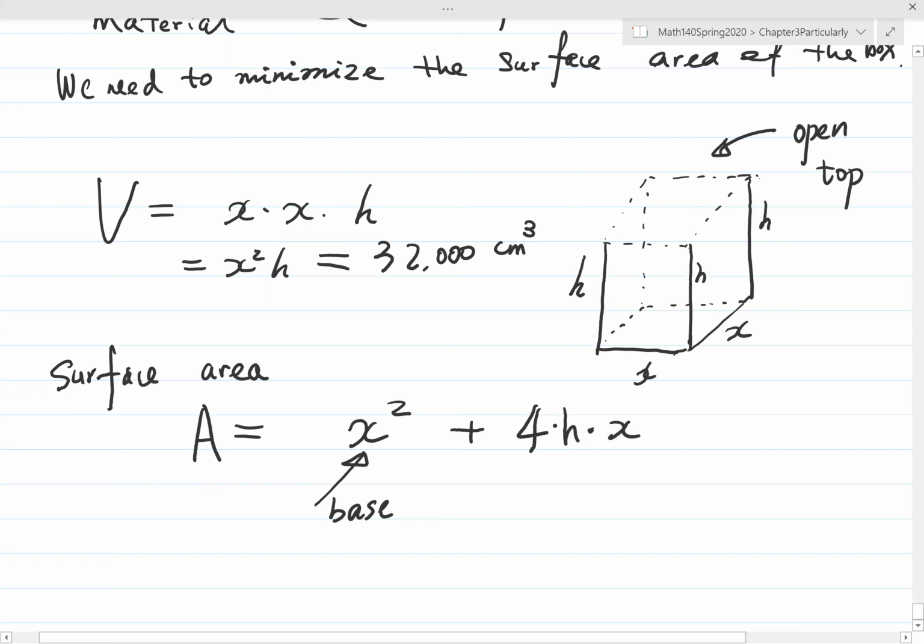In the area function we only have one h, so it's easier to substitute h. From the volume relation we solve for h. We did it above: h is 32,000 over x squared.